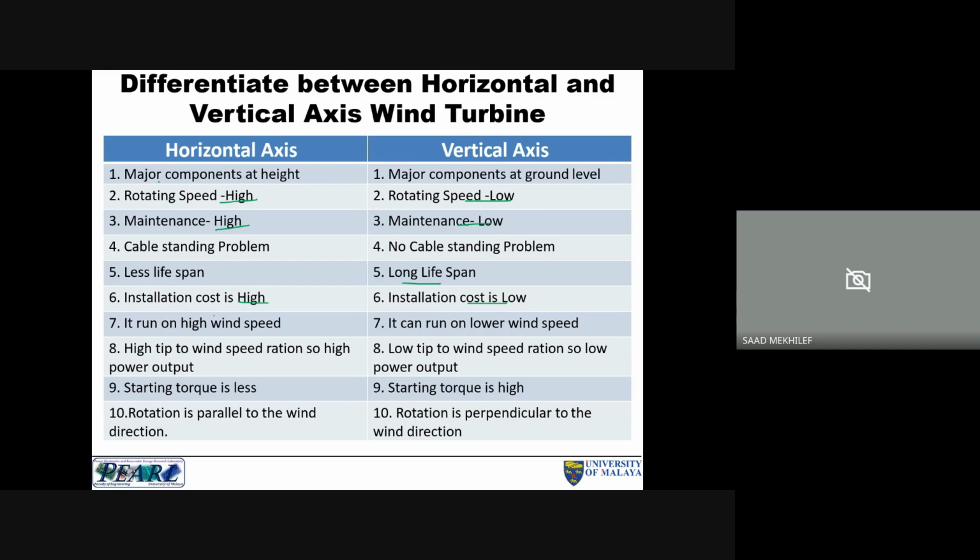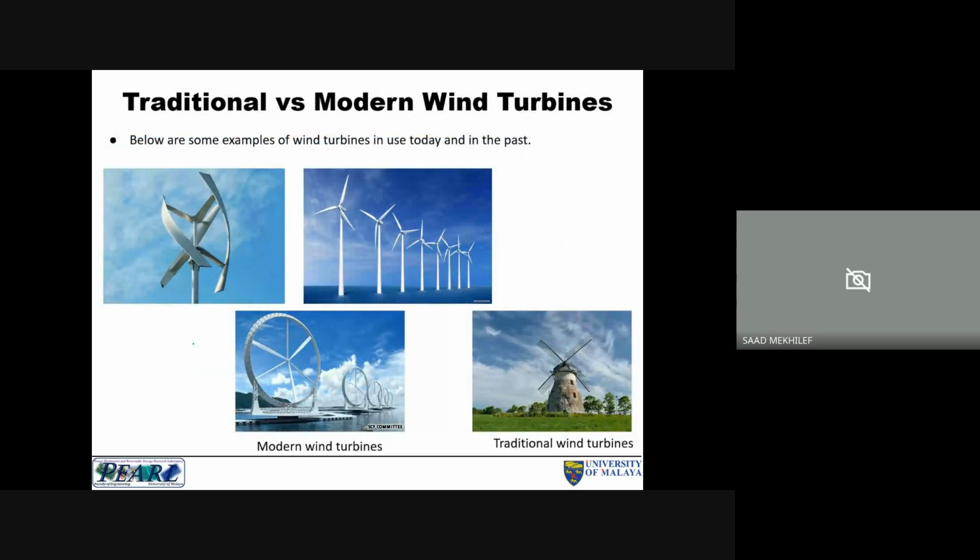So there are some pros and cons. However, as you see, economically, horizontal wind turbines are the best option so far. We also have small wind turbines, which can be installed on the rooftop of buildings.